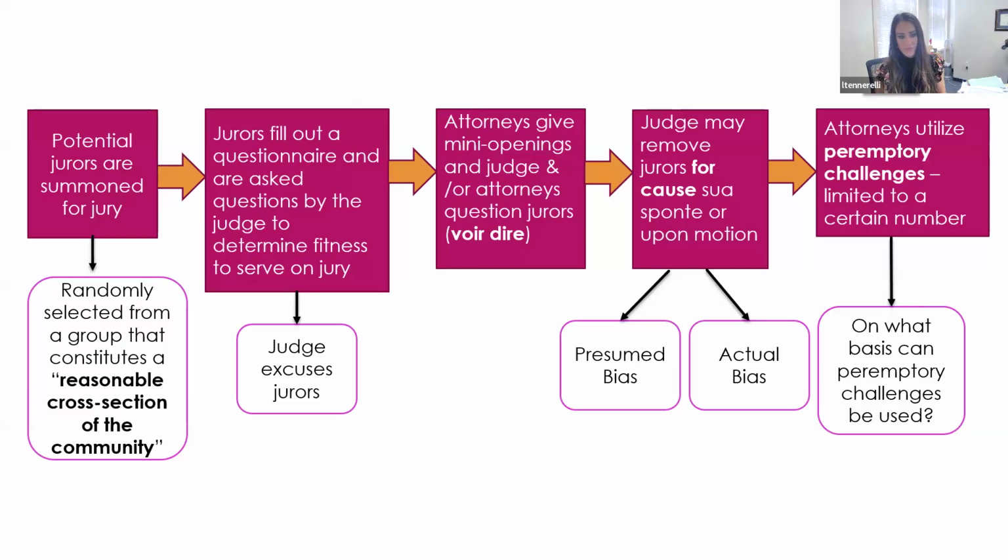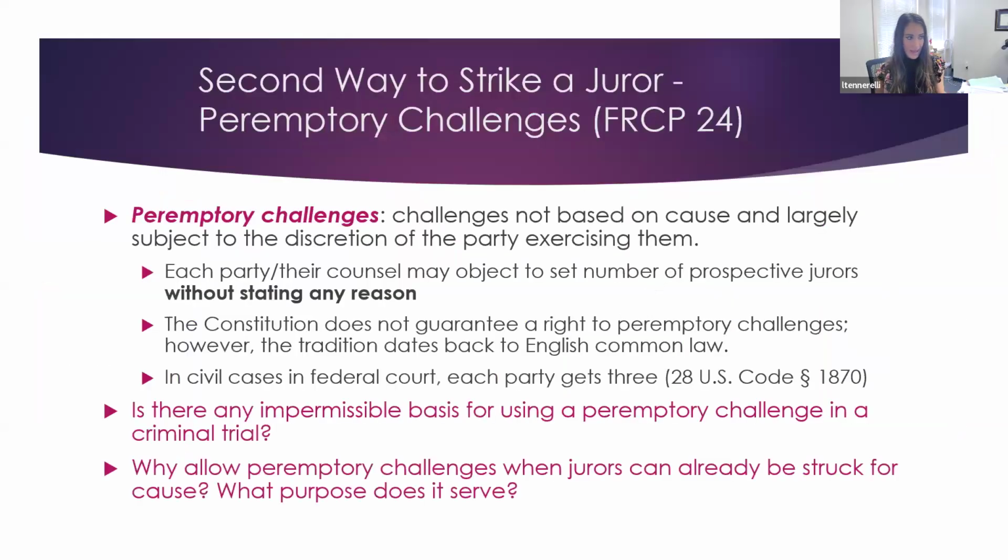So the question that comes up in our case is, what does the other side do if they think that a juror is being struck through the use of a peremptory on the basis of that person's race? Is there anything they can do at all?